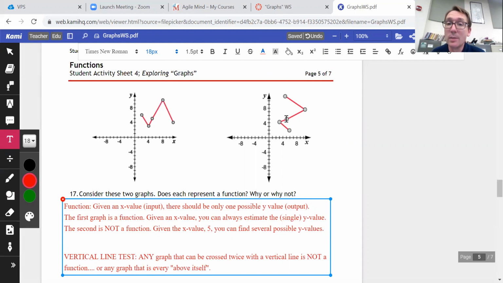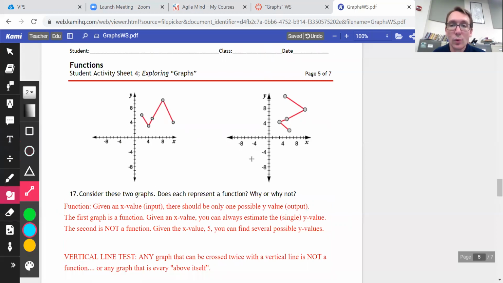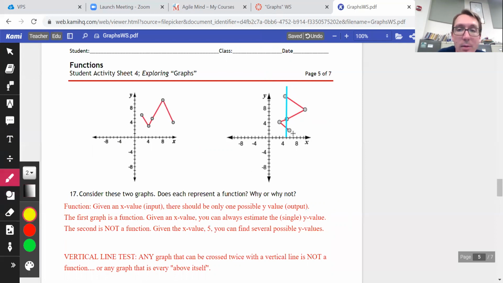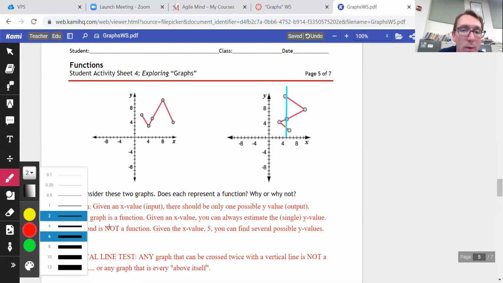Okay, so basically, if I have a graph where one part of the graph is above itself, then it's no longer a function, because both of these things are 2 different y's coming from the same x. So if x is 5, that's a line straight up and down right here, like so.